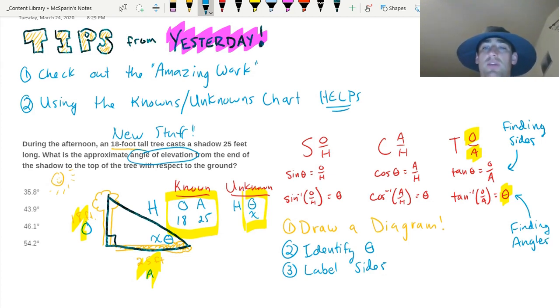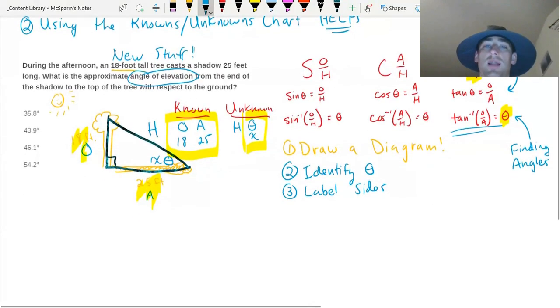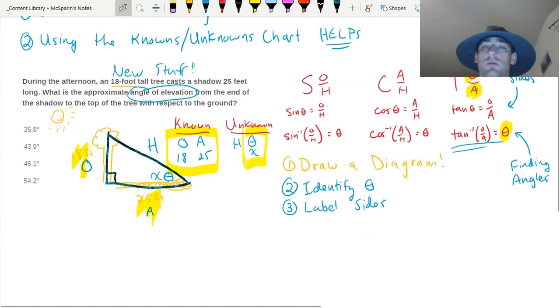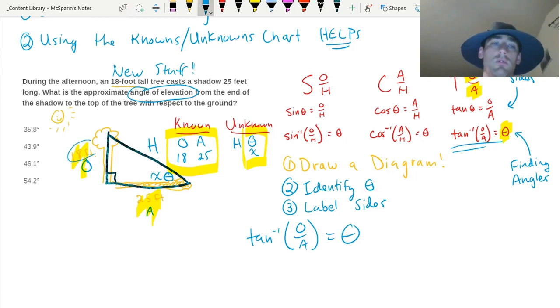All right, well, now that I've got my equation picked out, let's write it out and fill it in. Oops, all right, I want to make sure I leave room for my face. All right, so tangent inverse of O over A equals theta. Well, I know that my O is 18 feet, so I'm going to put it there.